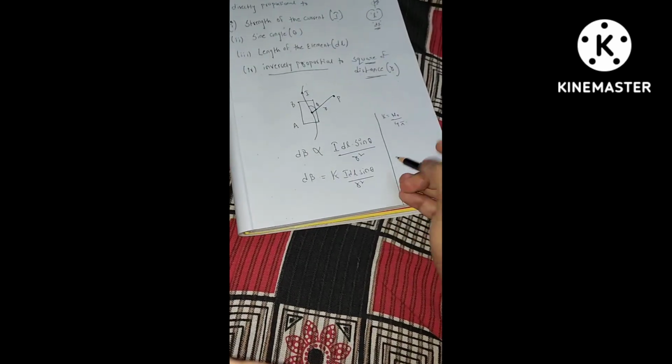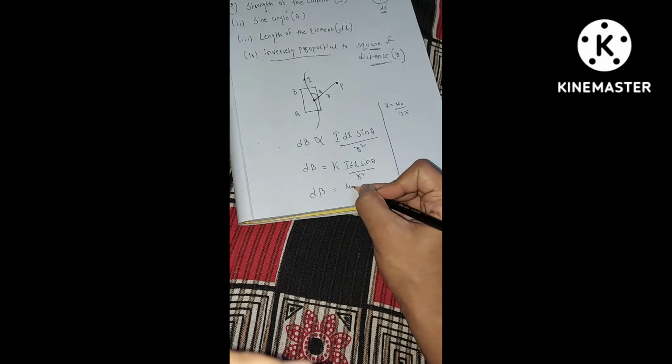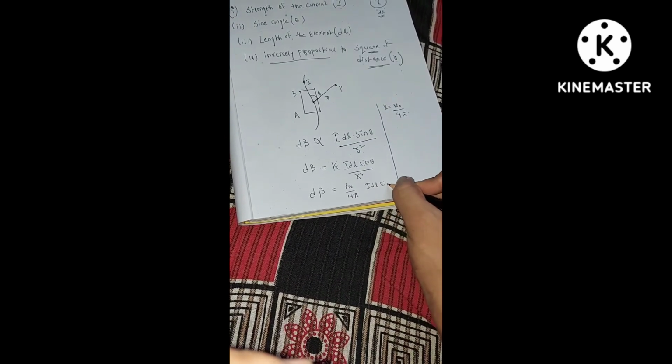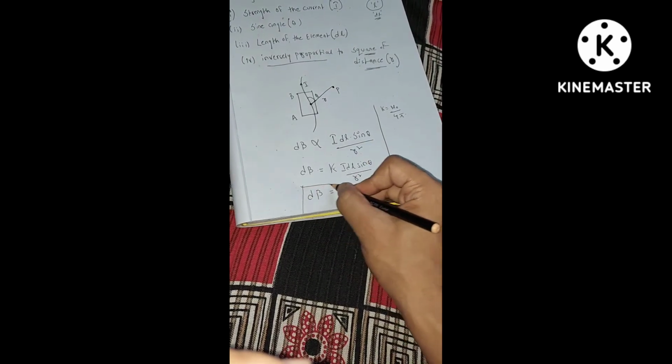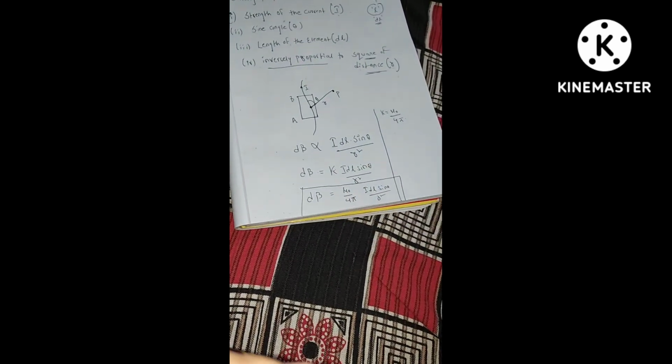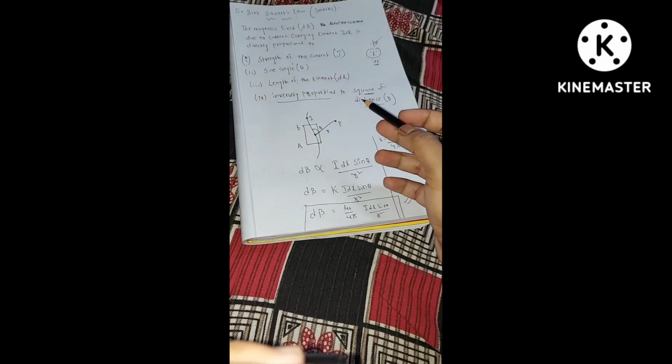So we can write this expression as dB is equal to mu naught by 4 pi I dl sine theta by r square. So this is your expression for Biot-Savart's law.